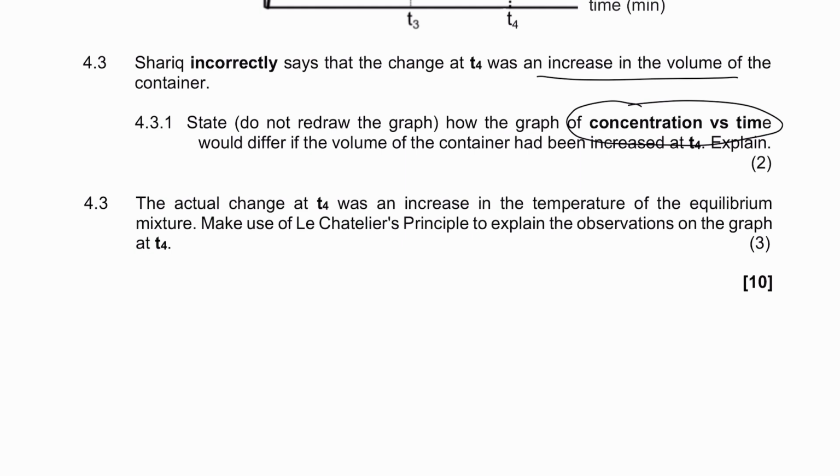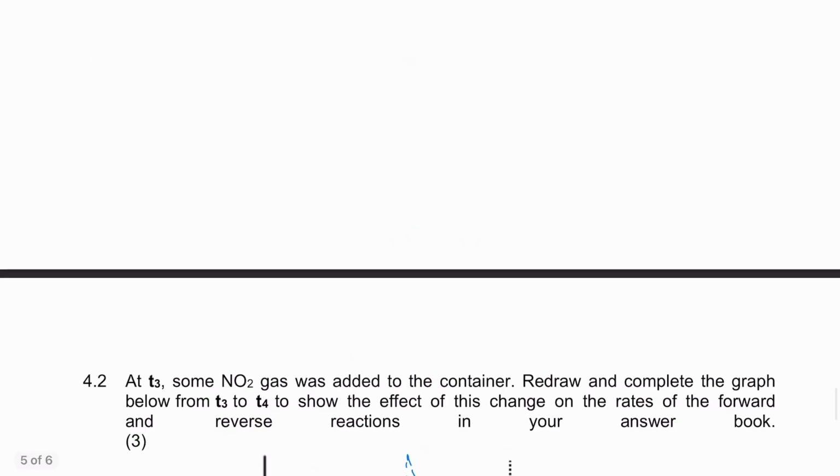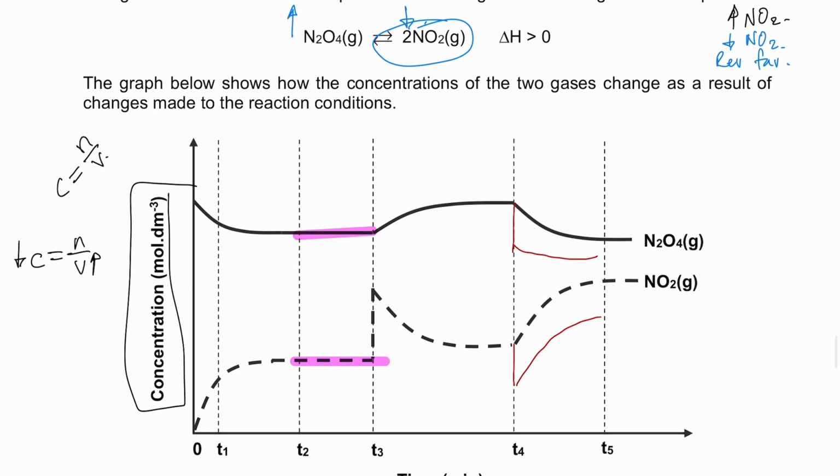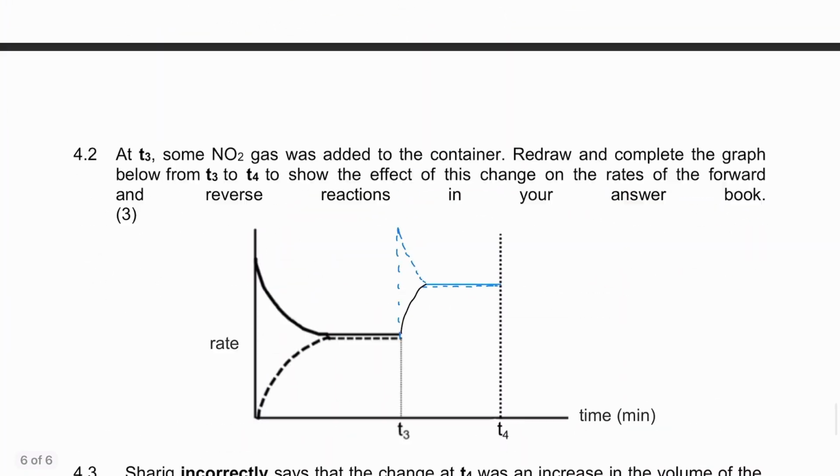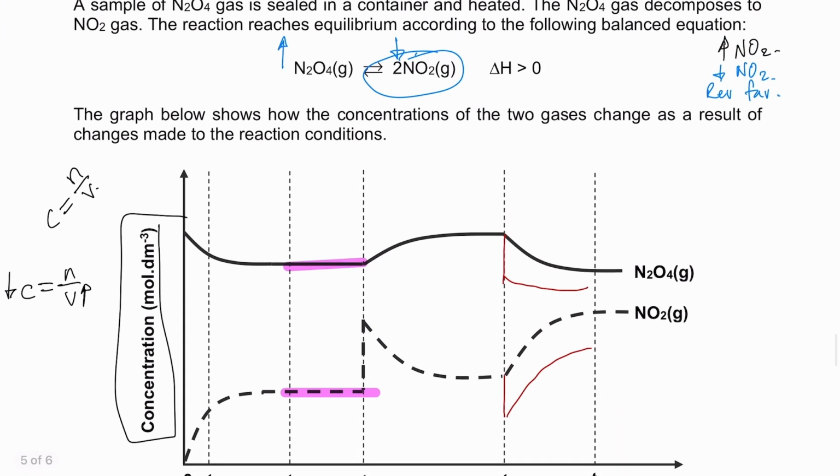4.3, the actual change made at T4 was an increase in the temperature. Okay, make use of Le Chatelier's principle to explain the observation. All right, so we go back to our reaction. They increase the temperature, okay. So if you increase the temp, right, so here's the answer. The system will favor the endothermic, right? The forward reaction is endo.